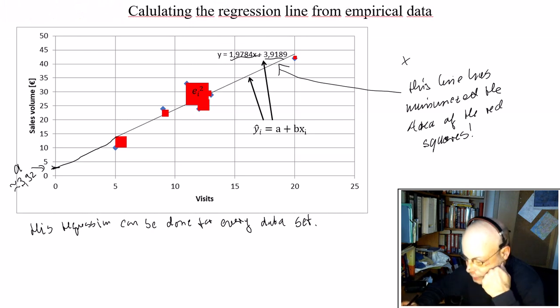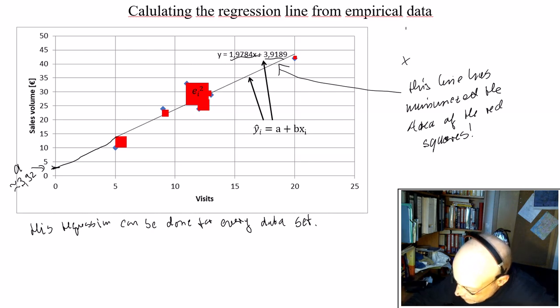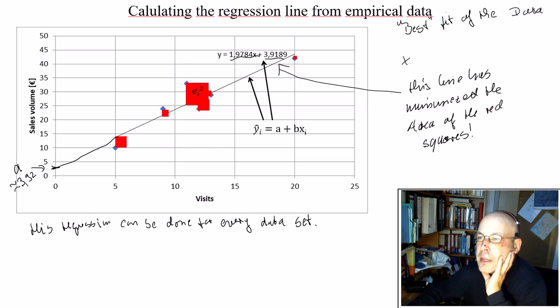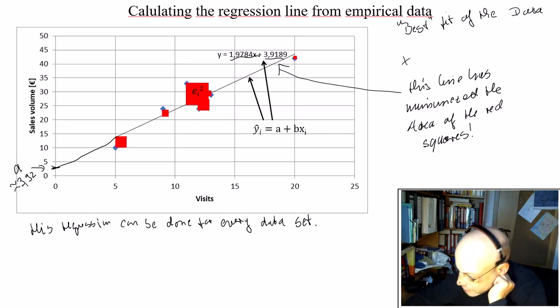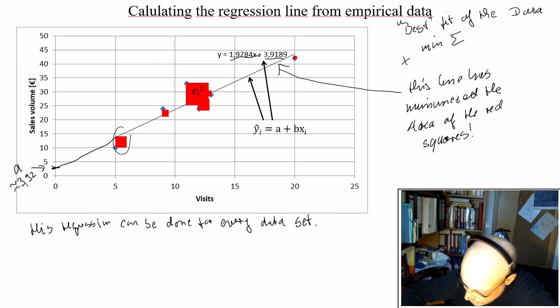So we are in the linear regression, and I want to explain what we understand by best fit, in quotation marks, of the data. And for this, we want to minimize the sum of all these red squares.